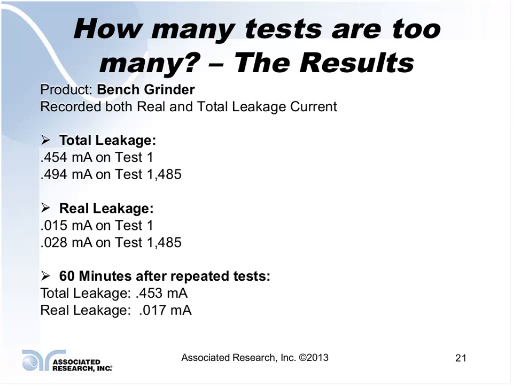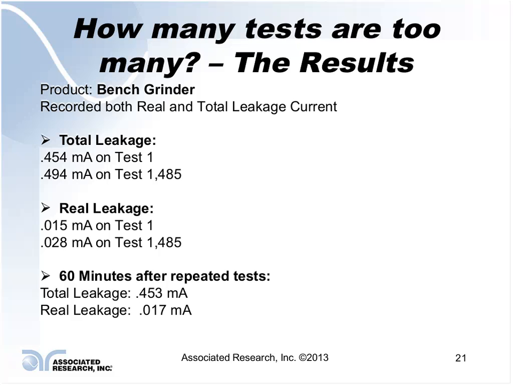So there was an increase of roughly 40 microamps between the first test and the last test. Again, after we let the product set for an hour, the leakage current was back down to the 453 microamp level. So, I don't know if this was just due to components or circuitry heating up slightly and doing repetitive testing, this kind of thing.